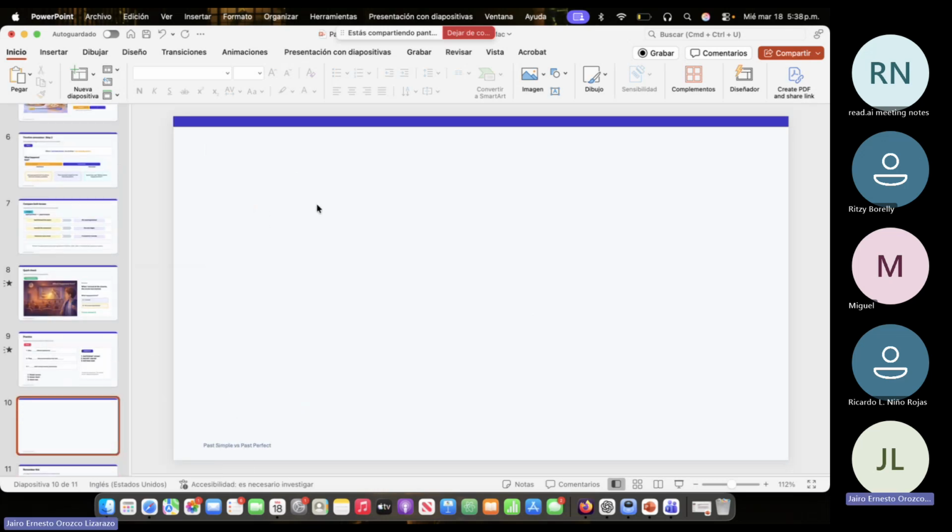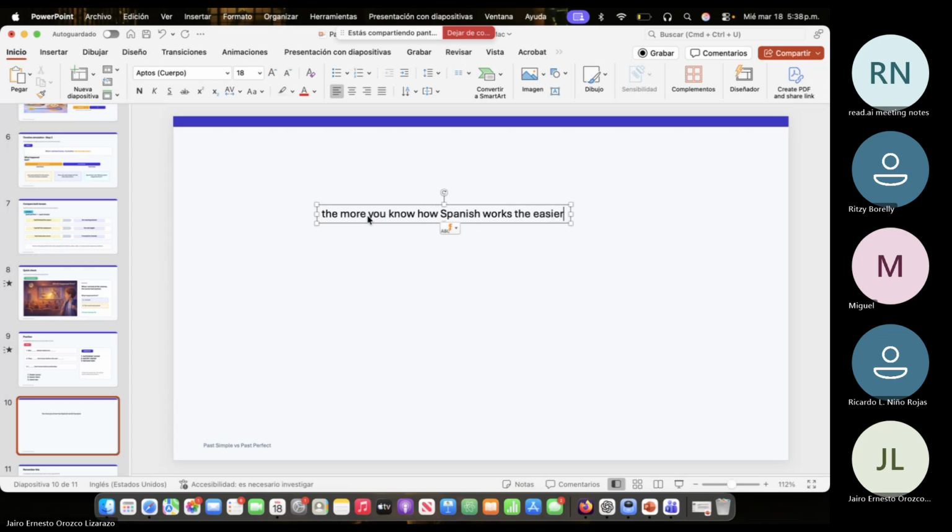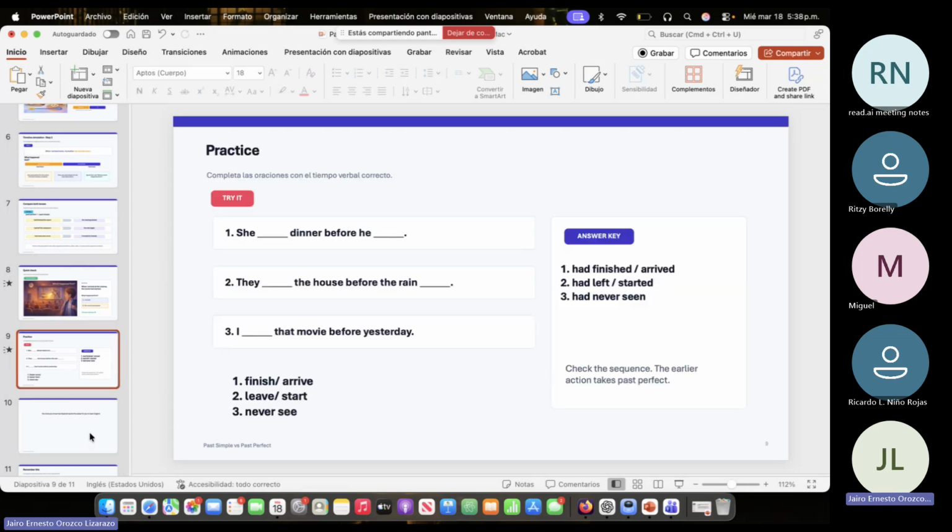Something that is very important to know to learn English is that the more you know how Spanish works, the easier it is for you to learn English. Why? Because they are very similar. Let's use the last example.